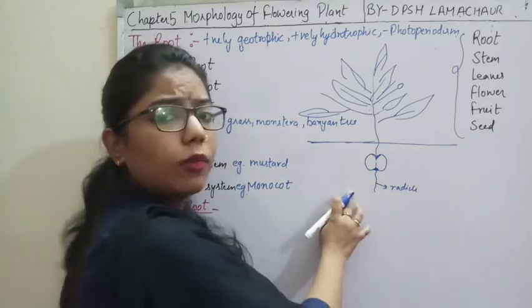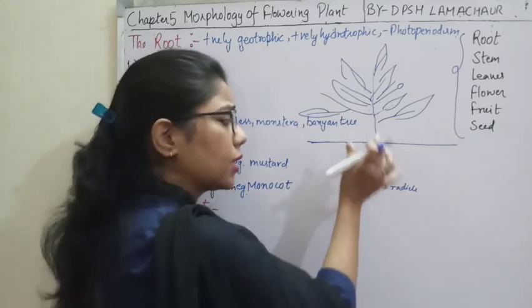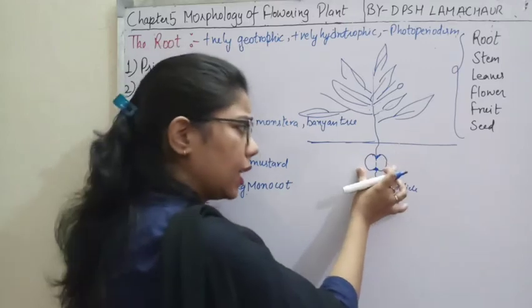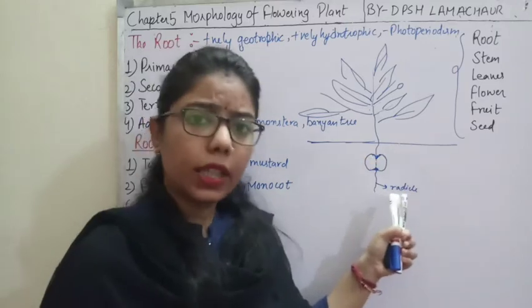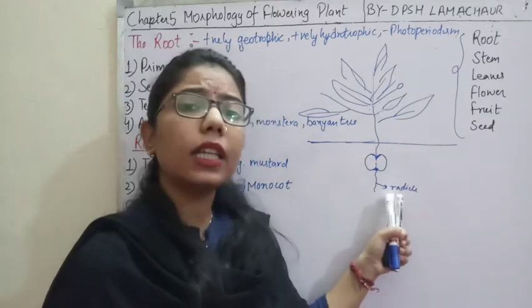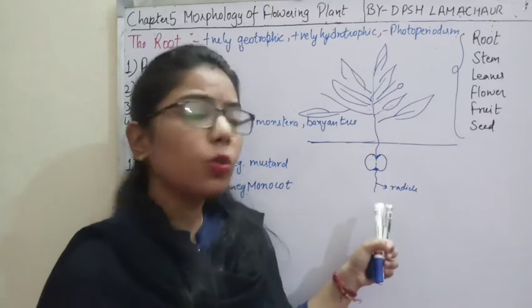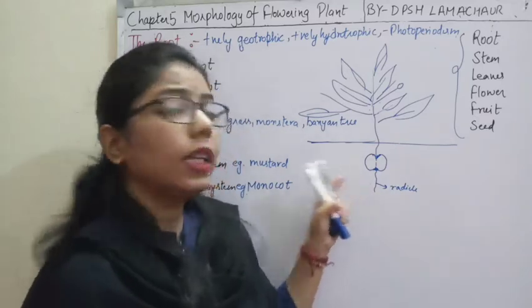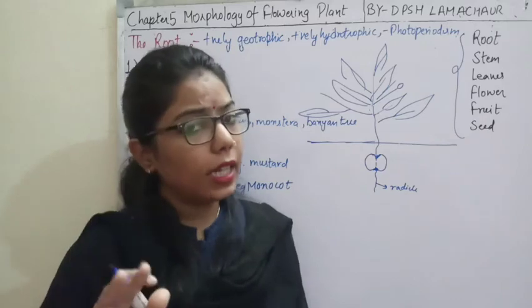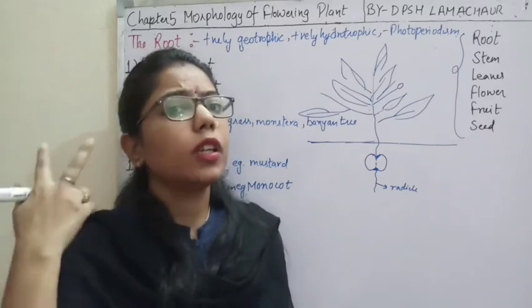Here what we want to say is that the plant starts from the seed, and the seed gives rise to the radicle, and the radicle gives rise to the root of the plant. That's why in any flowering plant we have two systems.